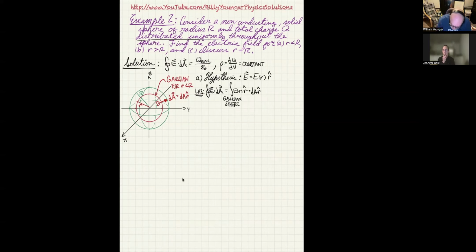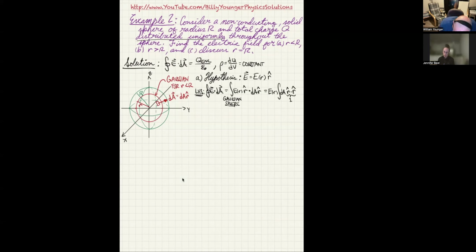Okay, so since the E of r is evaluated on the surface of the sphere, the E of r is a constant I can pull out in front. And since the dot product is a linear operator, I can pull the dA out in front, and then I'm just left with r hat dot r hat, which we've now exhaustively shown to be equal to 1.